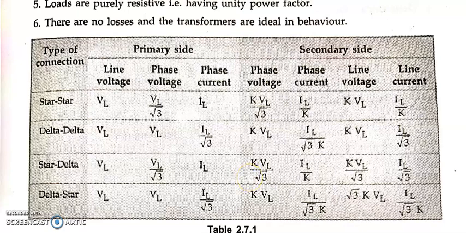And remember the formula K = V2/V1 = N2/N1 = I1/I2. If you know this, you can easily write these formulas without any problem. Rather than memorizing them, just remember what I told earlier. With limited remembering, you can write the formulas for whatever connection they give.